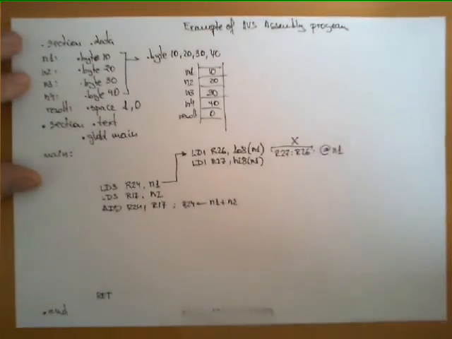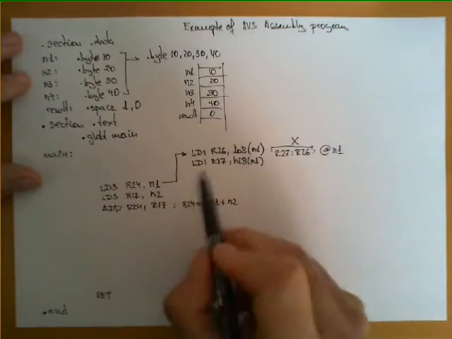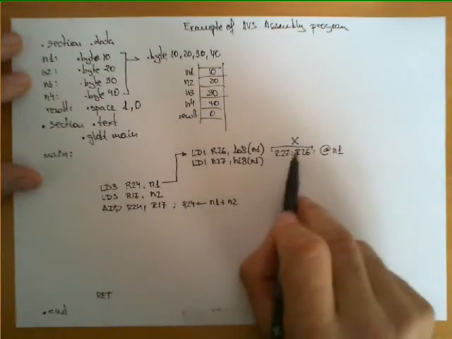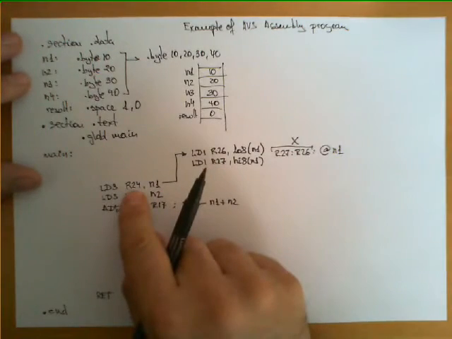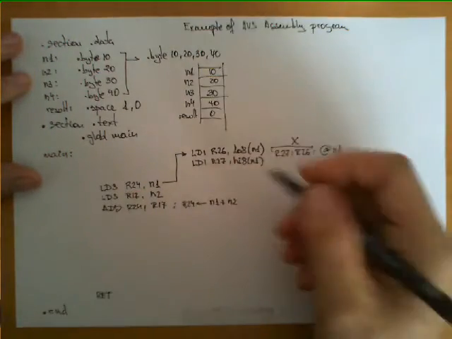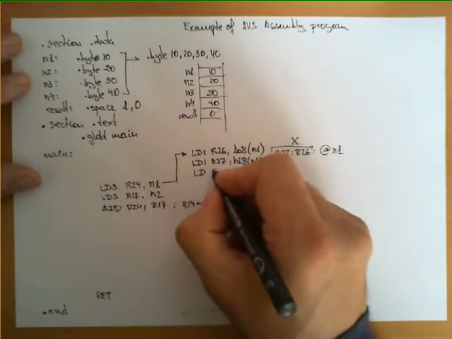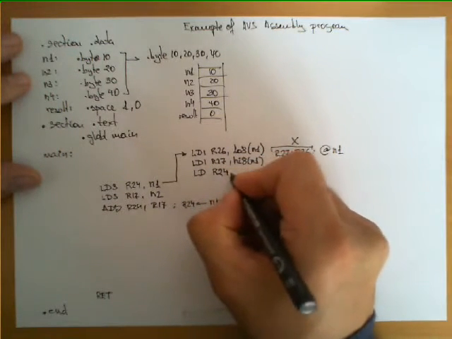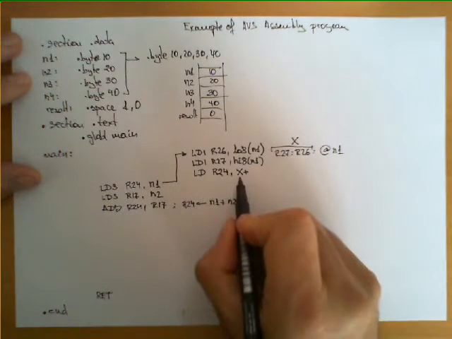Now what am I going to do with this? Well, I want to achieve exactly the same as this instruction, which means I need to bring from memory, having the address in register X, the number 10 and load it into register R24. The way to do that is with instruction LD, I bring it to R24, and then, this is the important part, I can use this syntax, X+.